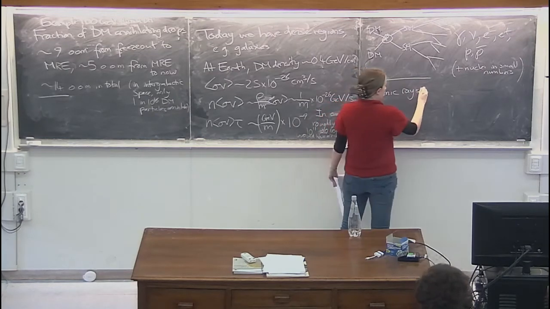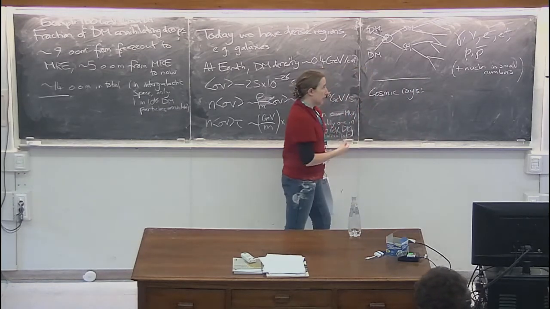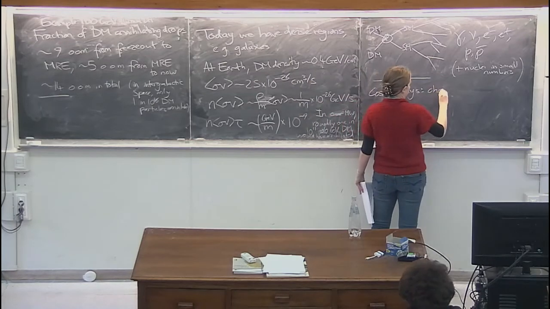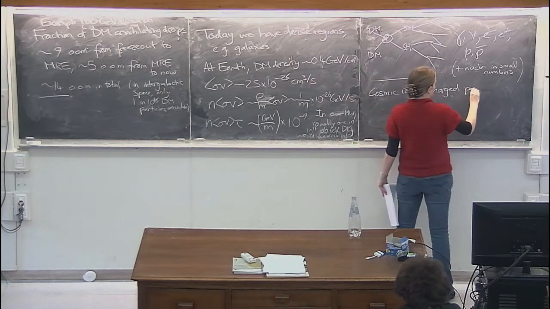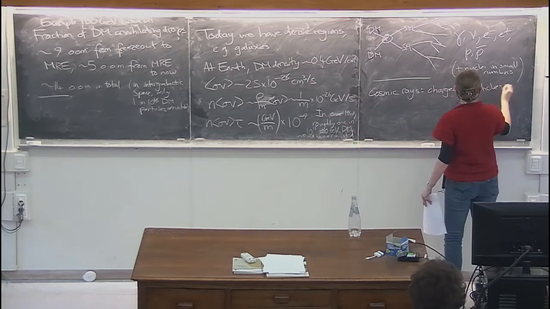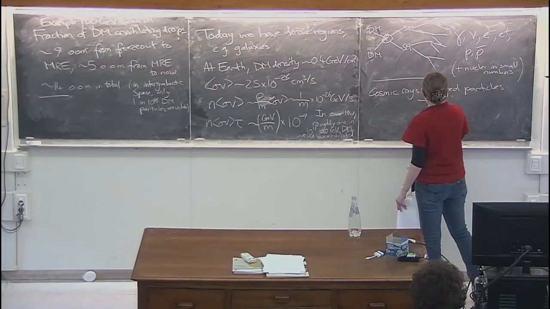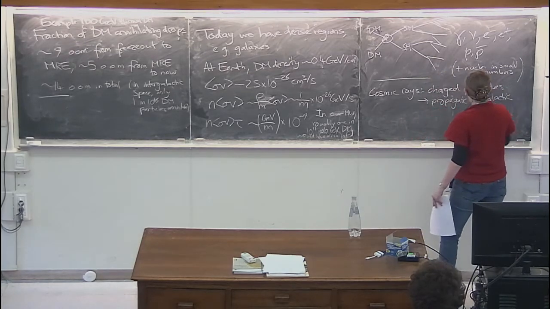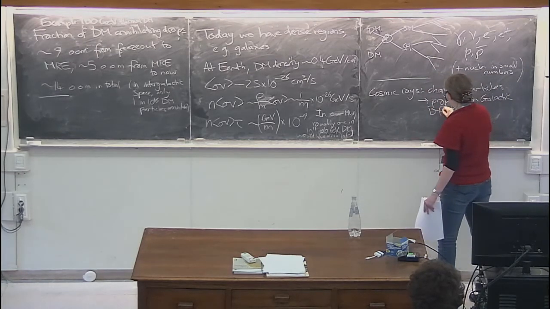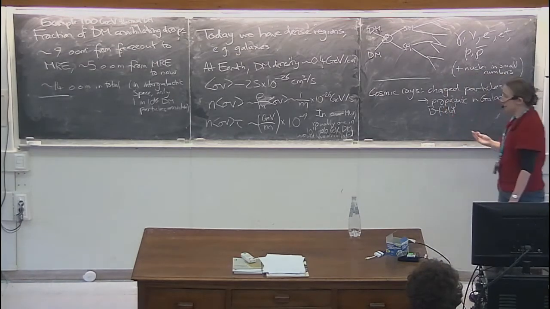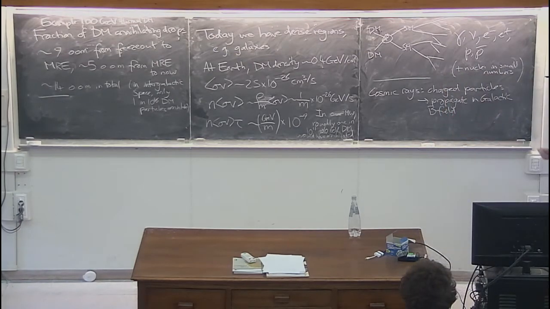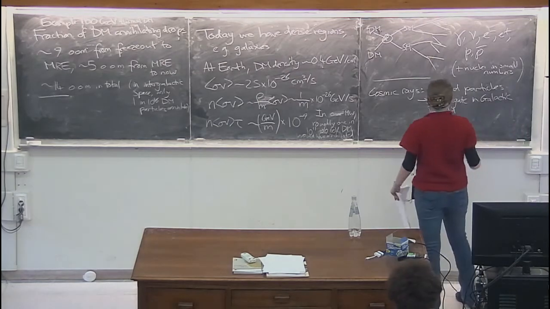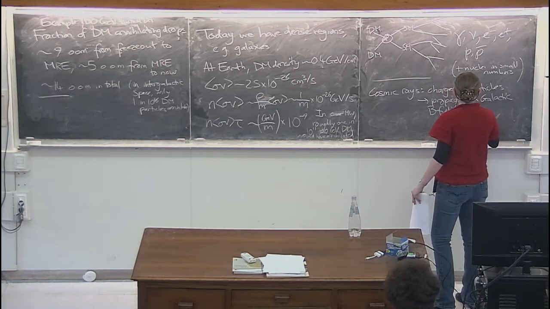So the reason why cosmic rays are difficult is because they're charged particles, which means that they follow highly non-trivial trajectories in the galactic magnetic field. Our galaxy is a sea of high-energy cosmic rays produced by astrophysical processes. We believe that these mostly come from supernova remnants.